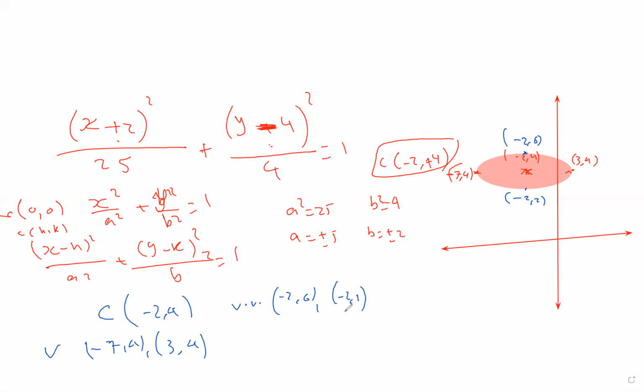What about c? c² will be a² minus b², which is 25 minus 4, which is 21. Then c equals positive or negative root of 21.